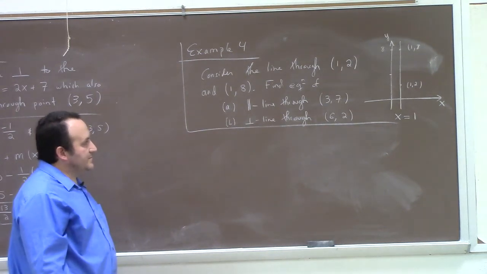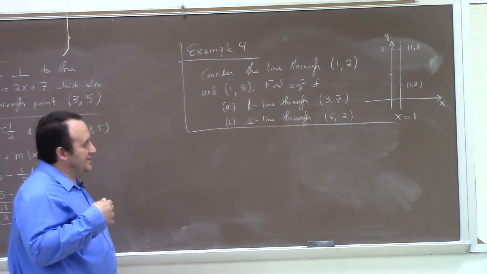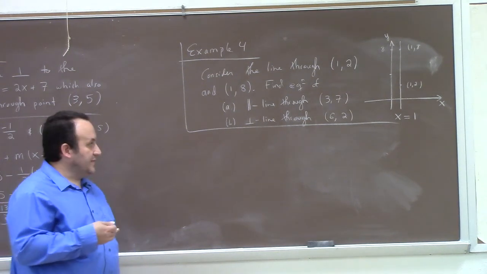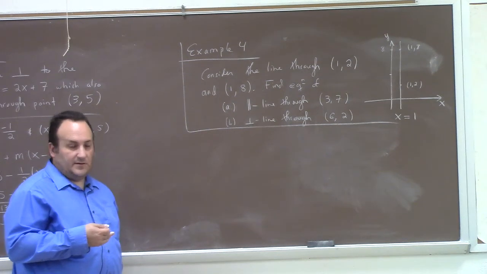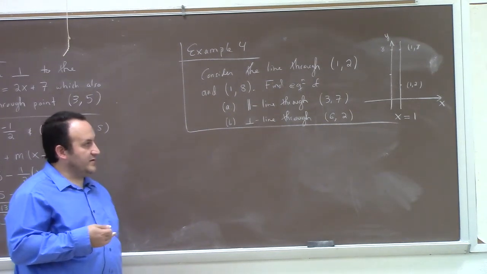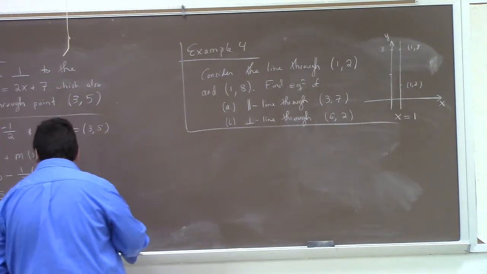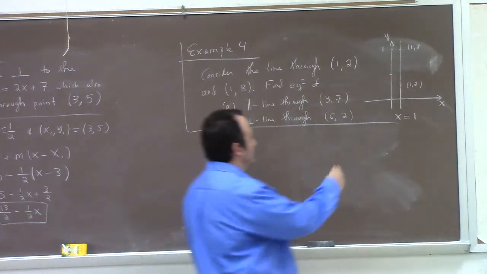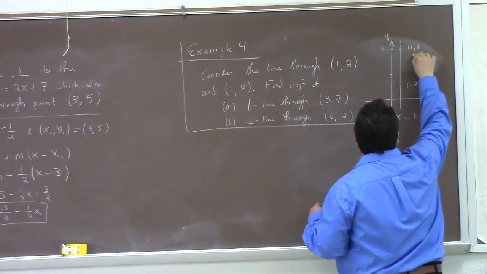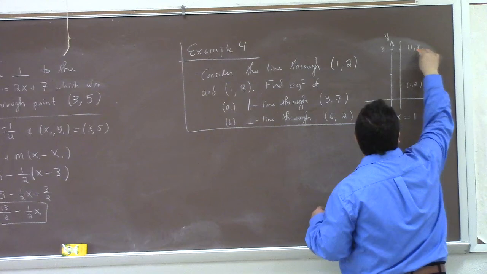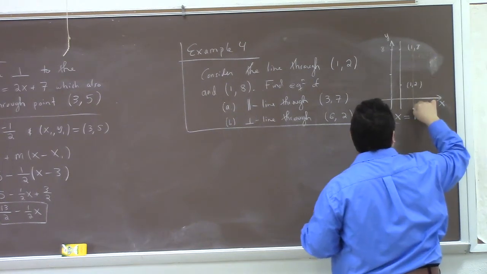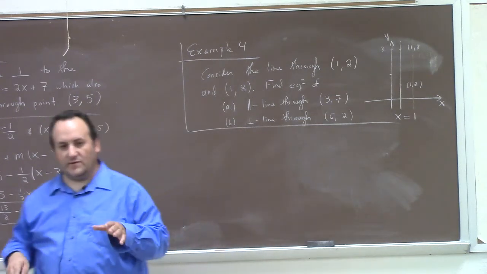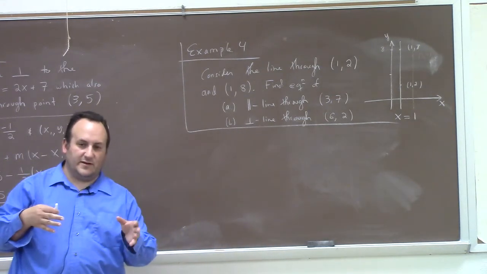So in this case, we just have to use common sense to figure out the equations of the parallel line and the perpendicular line, right? So the parallel line through (3, 7), I'll make a picture of it. (3, 7) is over here somewhere, right? If it's parallel, it has the same undefined slope, right?